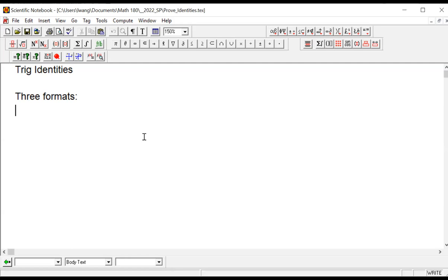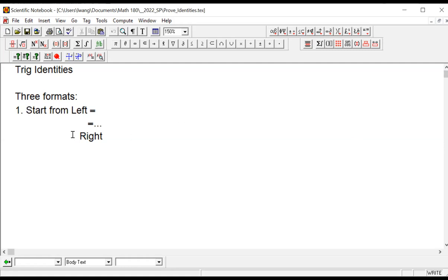One format is to start from the left, and then we go through steps, sometimes multiple steps, sometimes fewer, and we end up on the right. So this is the first format.